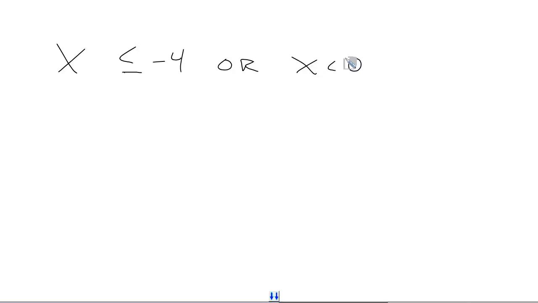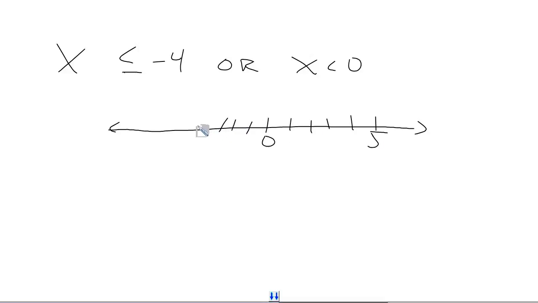This, I think, really will show you the difference between AND and OR problems. Let me draw my number line. Sorry, bear with me. I'm getting the hang of it.